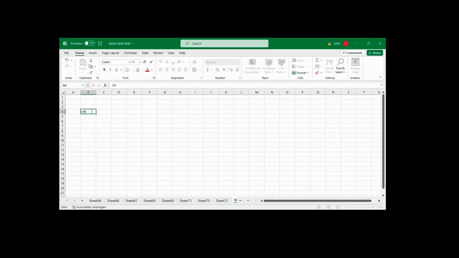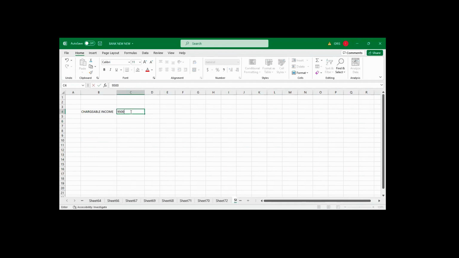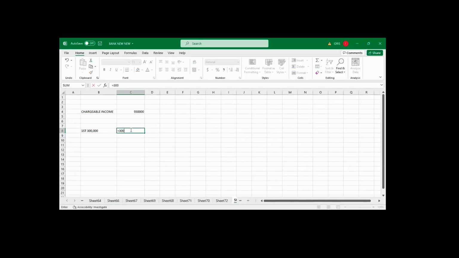If my chargeable income is 950,000, what that means is that if I want to compute the tax, the first 300,000 is going to be assessed at what percentage?